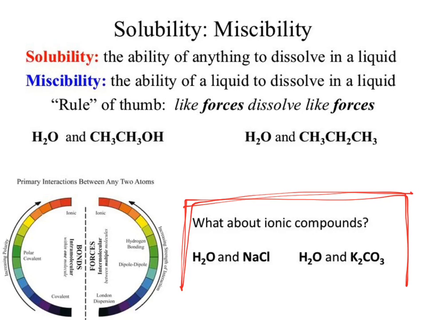Yes? Why? Sodium is a group 1 metal. All ionic compounds with group 1 metals are soluble in water. That comes all the way back to our double replacement rules for predicting solubility.